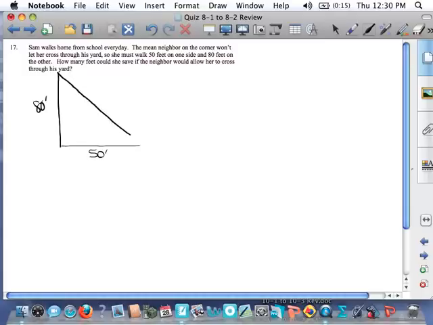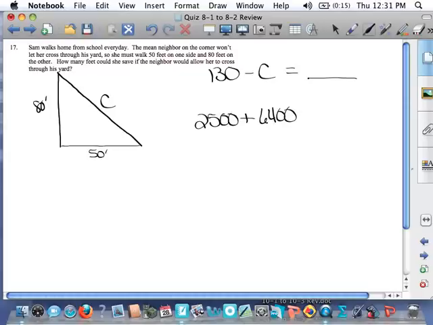Okay, so we're looking for first the length of the hypotenuse, and then the distance she currently walks minus the length of that hypotenuse will give us the answer. So I have 50 squared, which is 2,500, plus 80 squared, which is 6,400, gives me c squared.